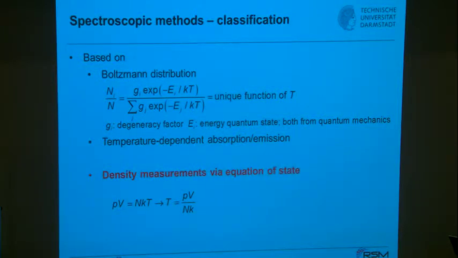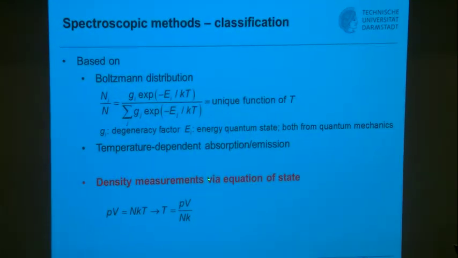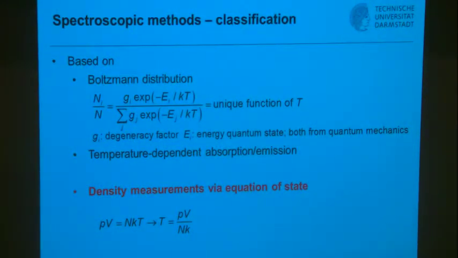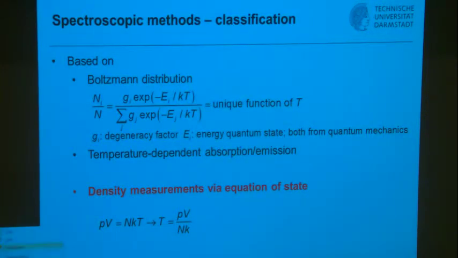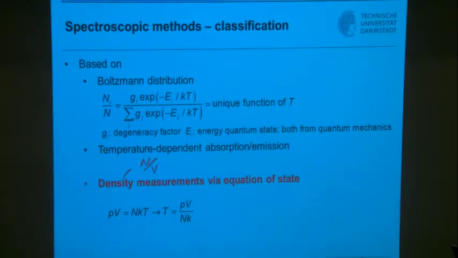Okay. Then we can go on and look at the last possibility to measure temperatures, which is based on measuring densities. Once you have the densities, using, in addition, an equation of state, the simplest one being the ideal gas law, the density in this context is simply given by the number of molecules, and I mean now all molecules, not only a specific class, in a certain probe volume.